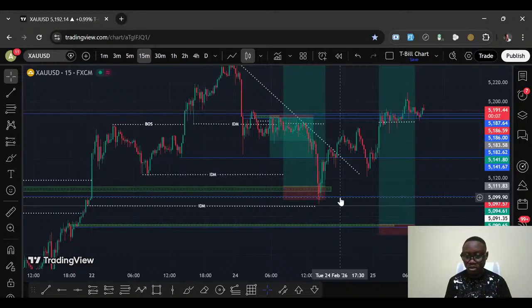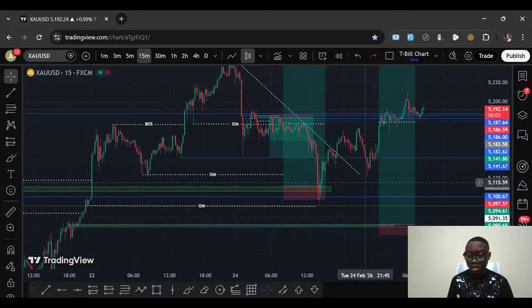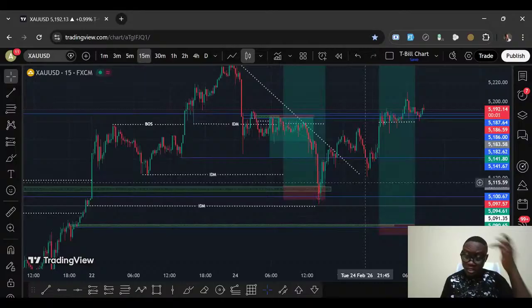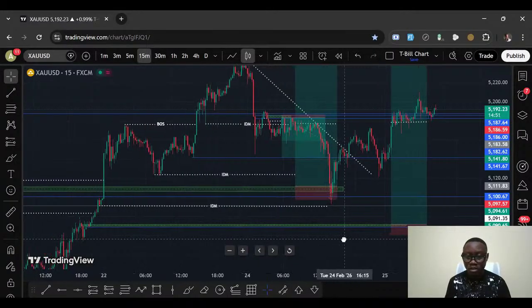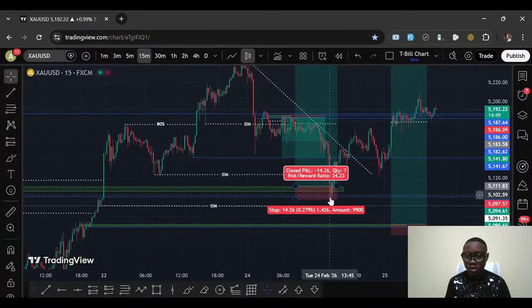Before taking your trade, you want to look at the price action around the zone. So what we did here was this: I dropped this signal on my private WhatsApp group for my students. So we took this trade immediately after this rejection.